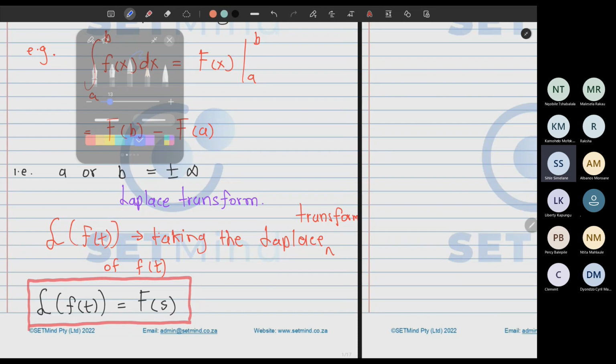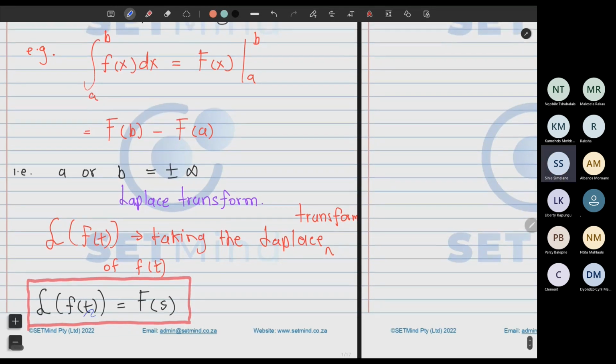And if you look carefully, we moved from the input being time, which is what we are going to call the time domain, and our final answer now has capital letter F with an input which is s. And this is what we now call the frequency domain.